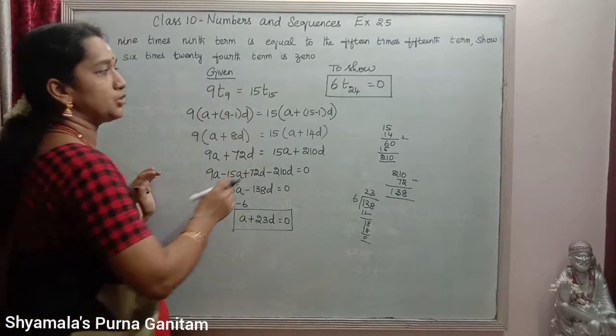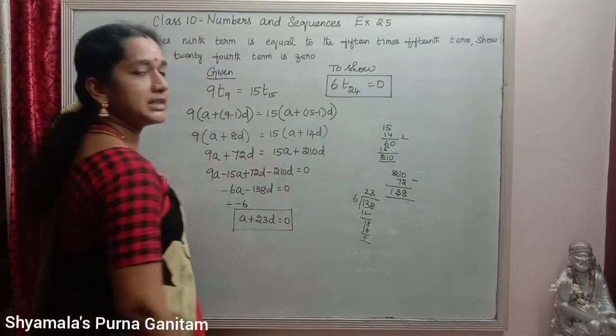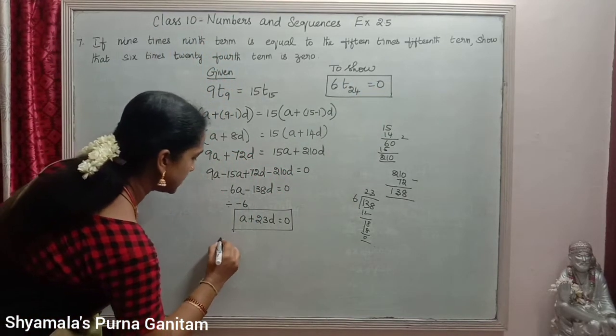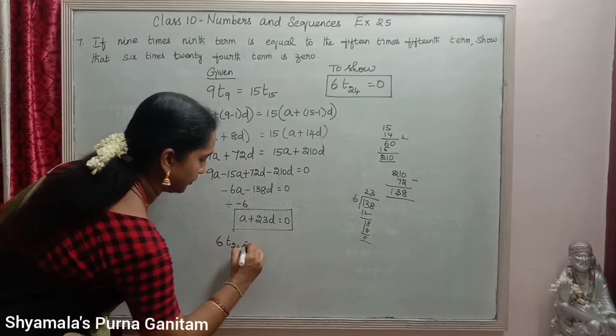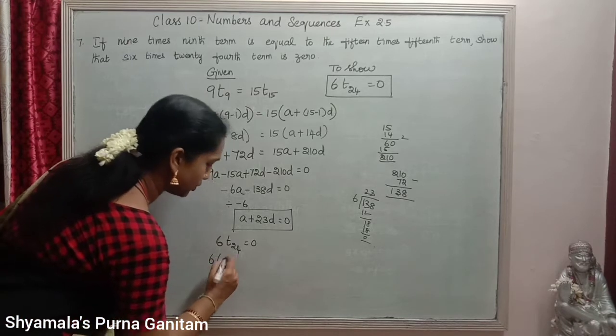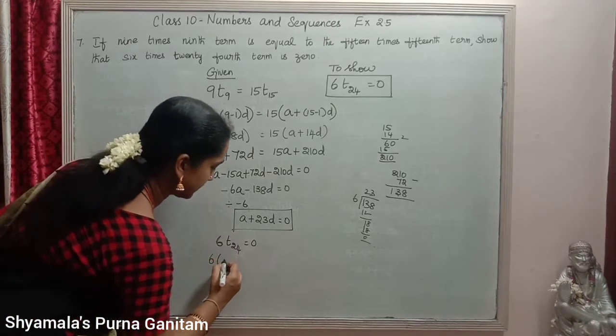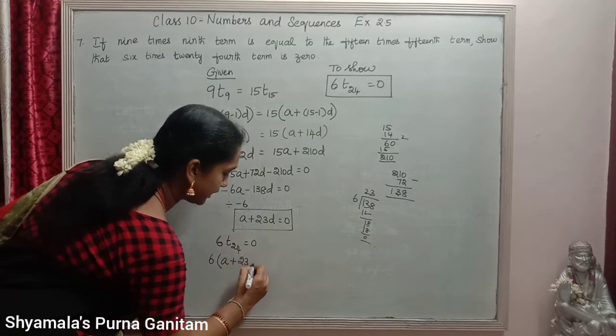But we are asked to show that 6 times the 24th term is equal to 0. So 6 times T24 is equal to 0. We can write T24 as A plus 23D.